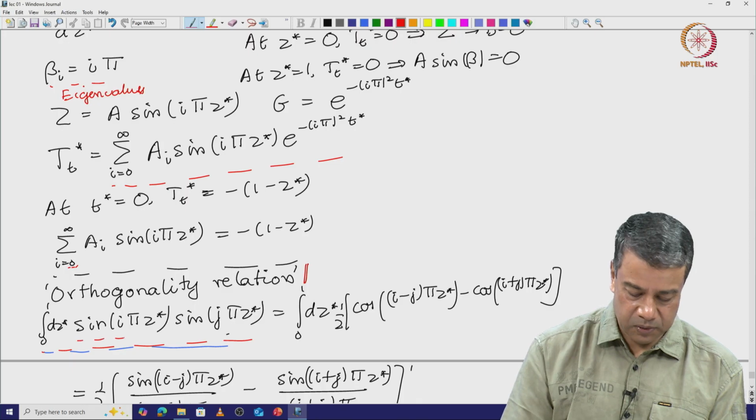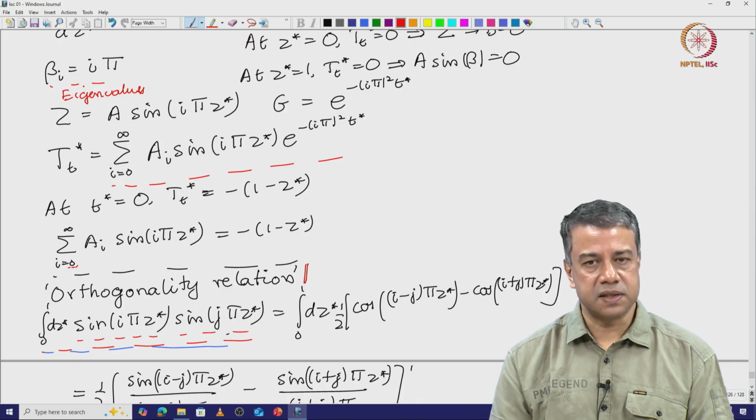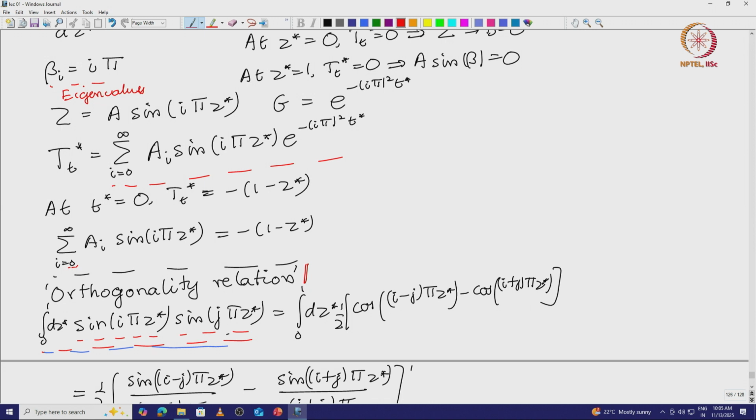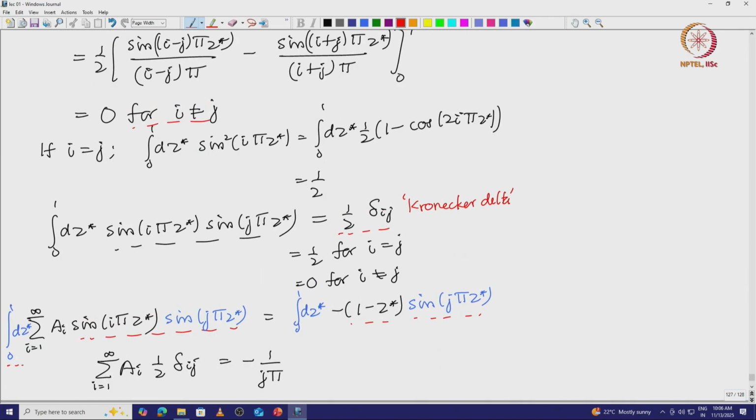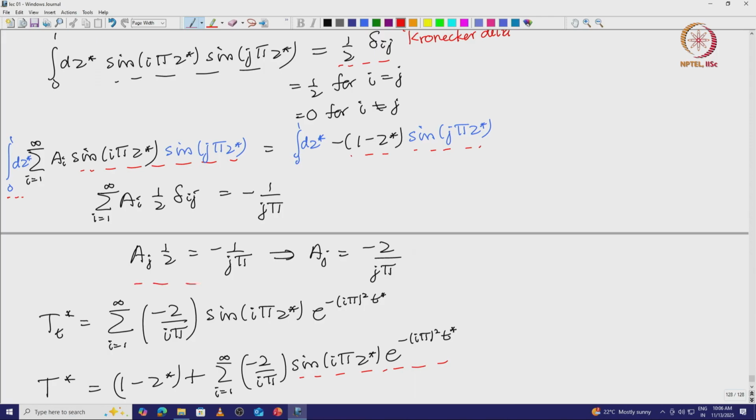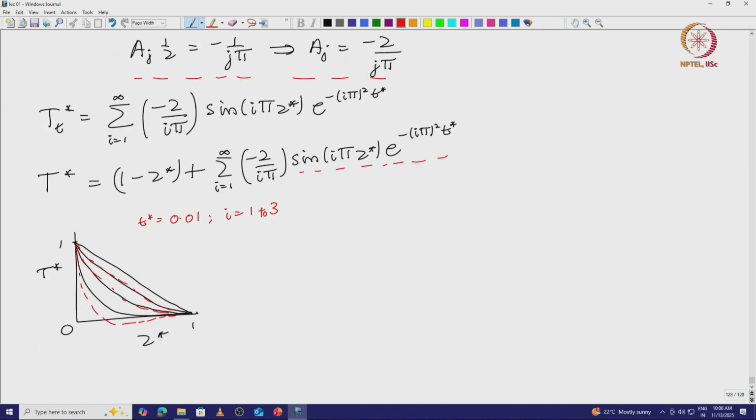That is, if I multiply two of these functions, sin i pi z star times sin j pi z star, and integrate from 0 to 1, I get something that is 0 if i is not equal to j, and it is non-zero only if i is equal to j. This was represented using the Kronecker delta function, where delta ij is 1 for i equal to j and it is 0 for i not equal to j. Based upon this, we were able to evaluate all of the constants in this function, and get the temperature profile.